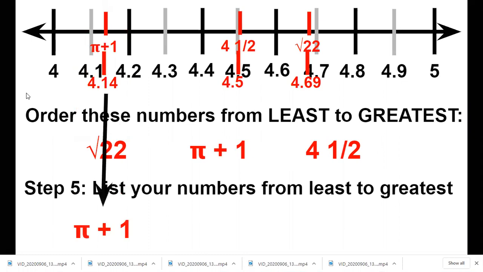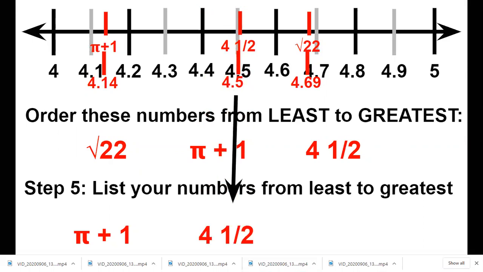So the first one is going to be 4.14 or pi plus 1. That is furthest left. Then they start getting bigger. 4 1/2 or 4.5, that is the second biggest, and then the greatest number is square root of 22 or 4.69. So there you have it. Our numbers are in order from least to greatest. We have just ordered real numbers.